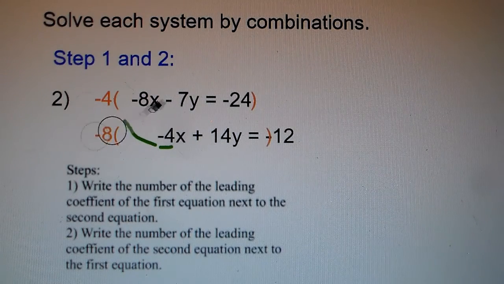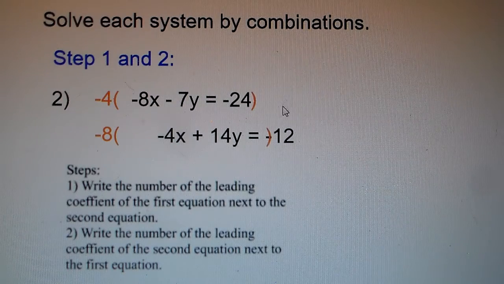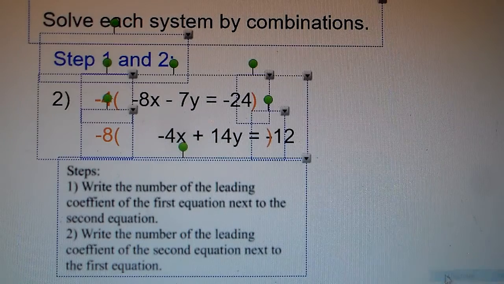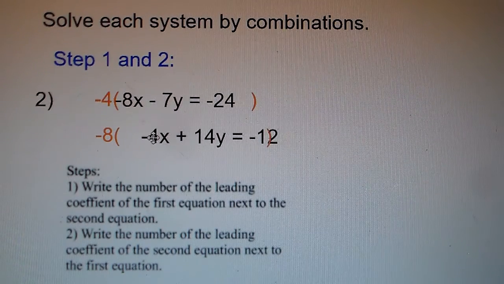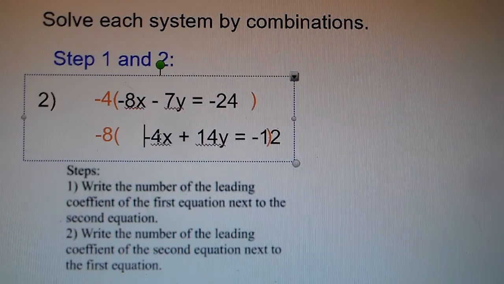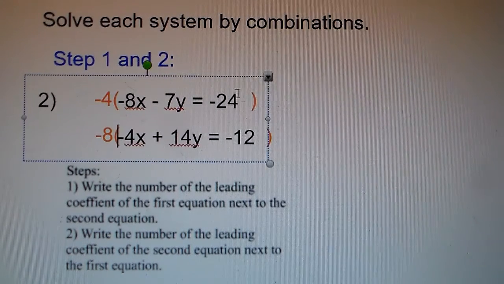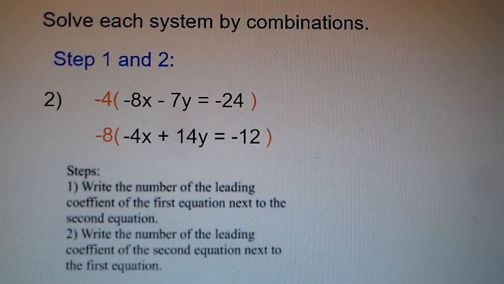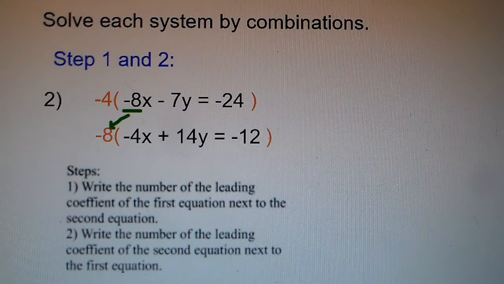So it's going to look like that. Whatever's written in front of that x, you write there, and whatever's in front of this x, you write there.